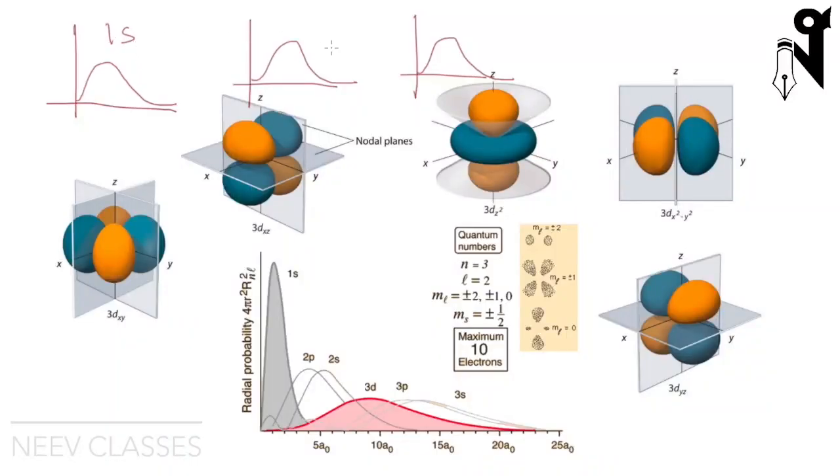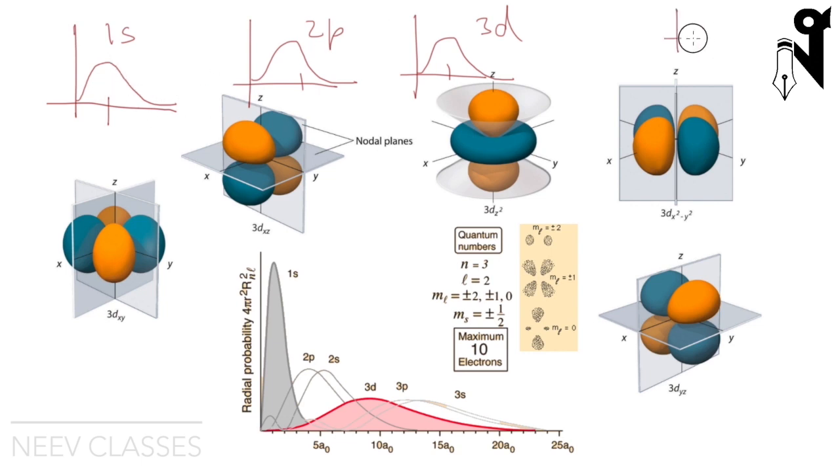This is your 1s, this is your 2p, this is your 3d. Obviously the heights will not be the same, the radius, the distance is not the same, but I'm just showing the shape of the graph.